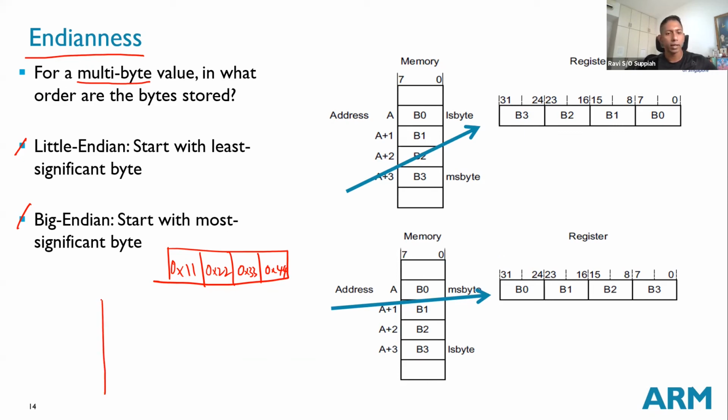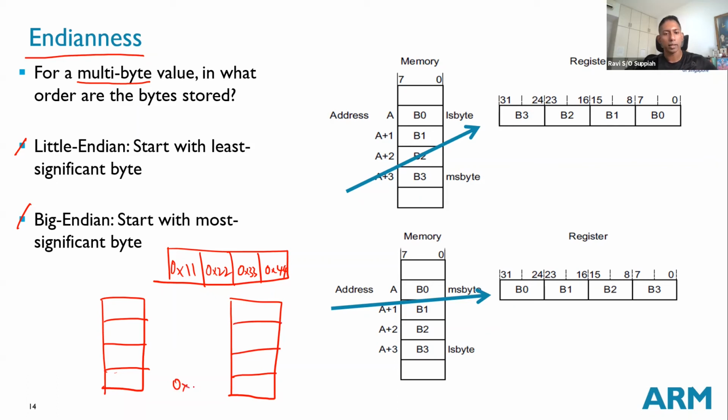If I look at it from the address, let's say I break it up. Let's say this is 0xA0, this is 0xA1, 0xA2, 0xA3. That means these are 4 address locations, 4 bytes, starting from A0. So A0, A1, A2, A3. This is the least significant byte, and this is the most significant byte.